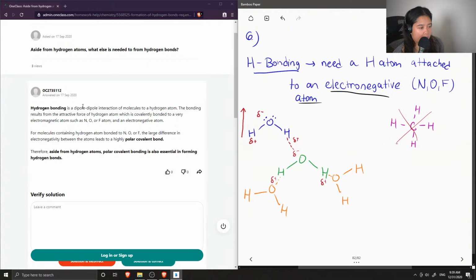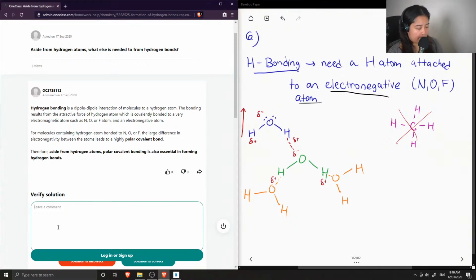For molecules containing a hydrogen atom bonded to nitrogen, oxygen, or fluorine, the large difference in electronegativity between the atoms leads to a highly polar covalent bond. Therefore, aside from hydrogen atoms, polar covalent bonding is also essential in forming hydrogen bonds. Yep, so this solution is correct.